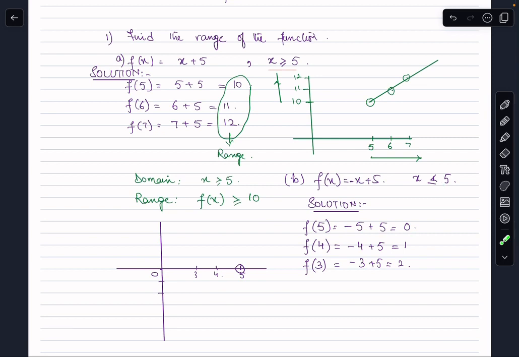Then I substituted lesser values of 5, x as 4, so this becomes minus 4 plus 5, which equals 1. Then f of 3 equals minus 3 plus 5, which is equal to 2. So if I sketch these points on the x and y axes, what I can see is that 5 was mapping onto 0.